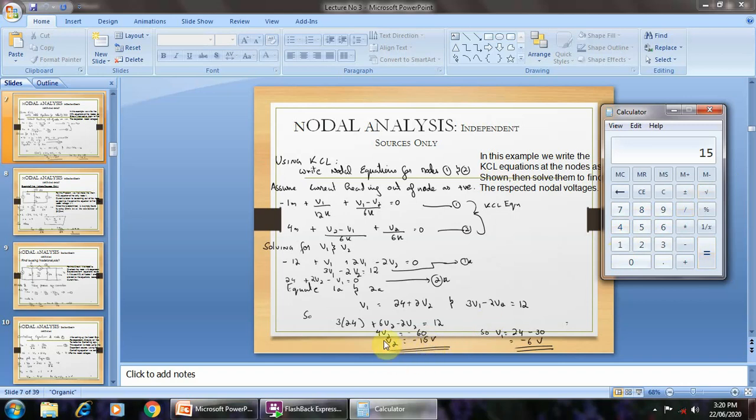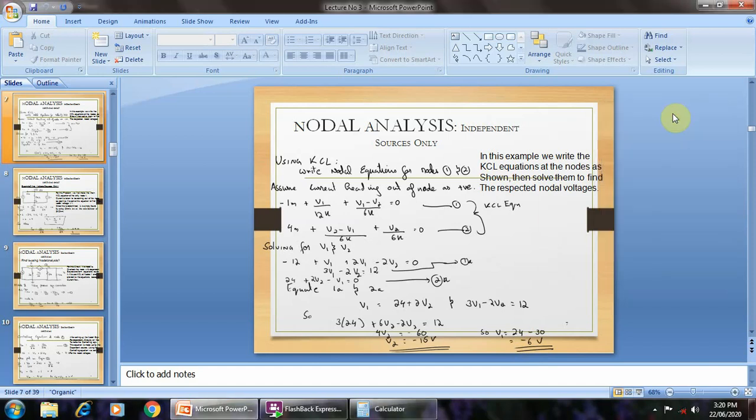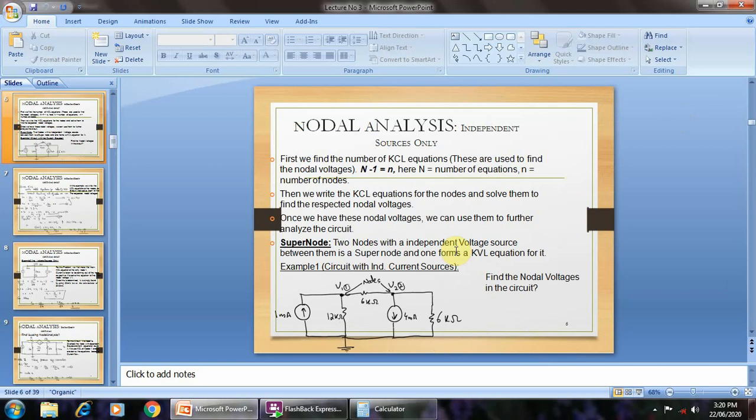Then we substitute the value of V2 in this equation: V1 is equal to 24 plus 2V2, which means 24 minus 30, which is equal to minus 6 volt. In this way, we have calculated the node voltages V1 and V2 of the given circuit.